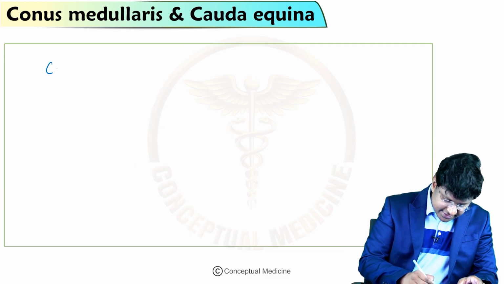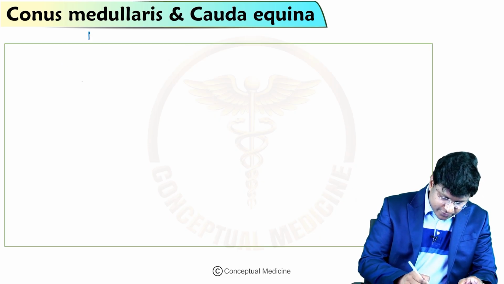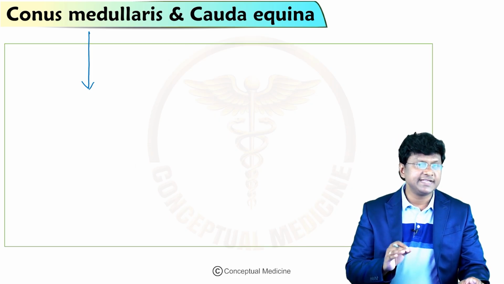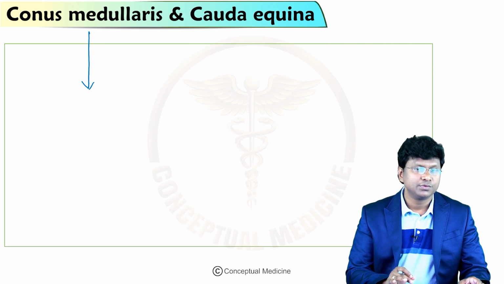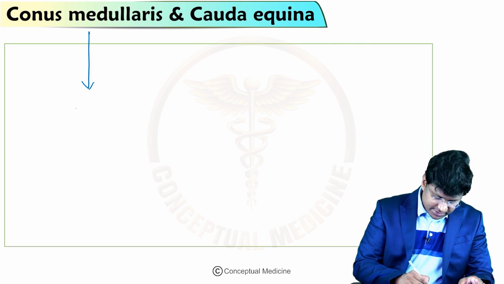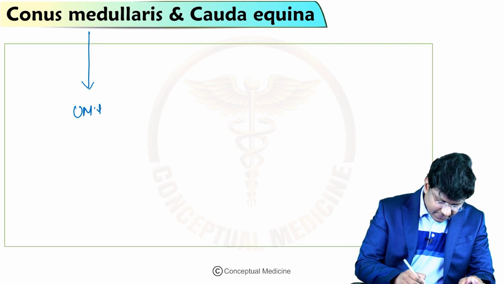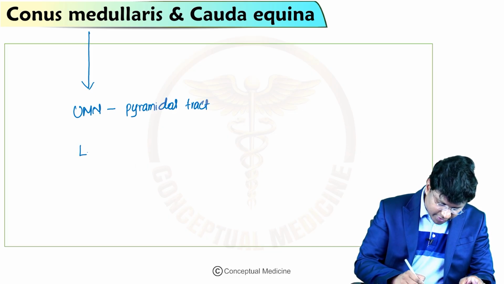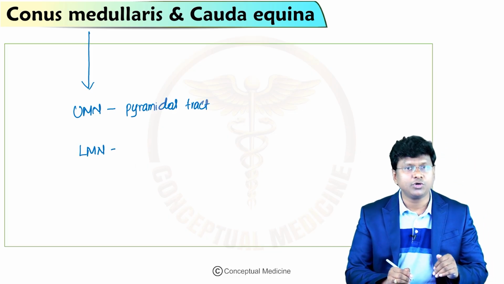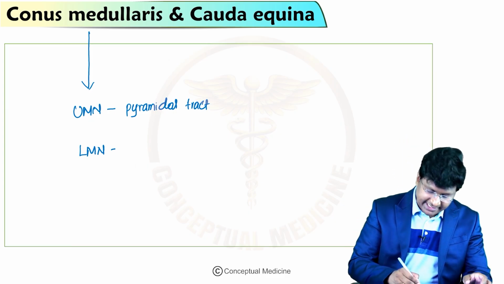And if you take this conus medullaris, which particular neurons are present? If there is any lesion in case of conus medullaris, let me tell you, conus medullaris contains the upper motor neuron, which is nothing but the corticospinal tract, or which is called the pyramidal tract, and it also has the lower motor neuron, and the lower motor neuron includes the anterior horn cells.